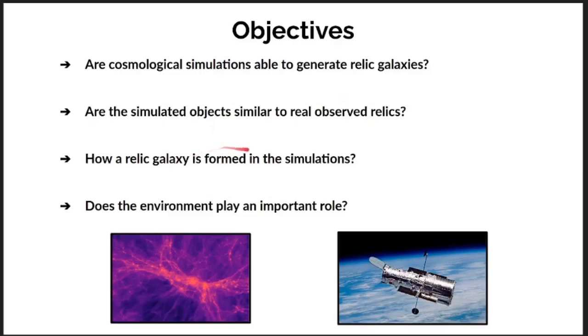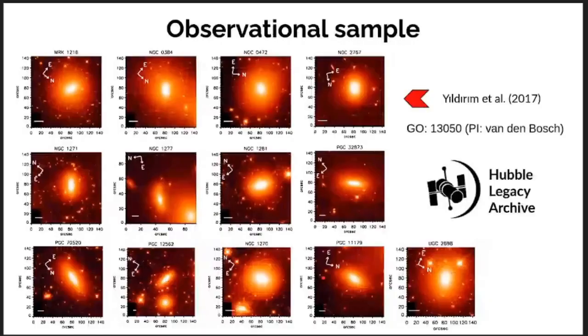And then we go to other questions that are useful when we are using simulations, that is to see how a relic galaxy analogue can be formed in the simulations, and also if the environment of these objects plays an important role. Here I am putting a TNG image and a Hubble Space Telescope image because we want to join the observational and cosmological works, the numerical and observational works.